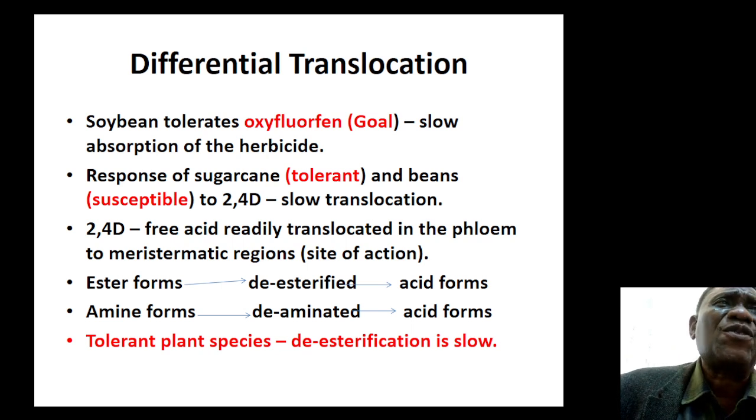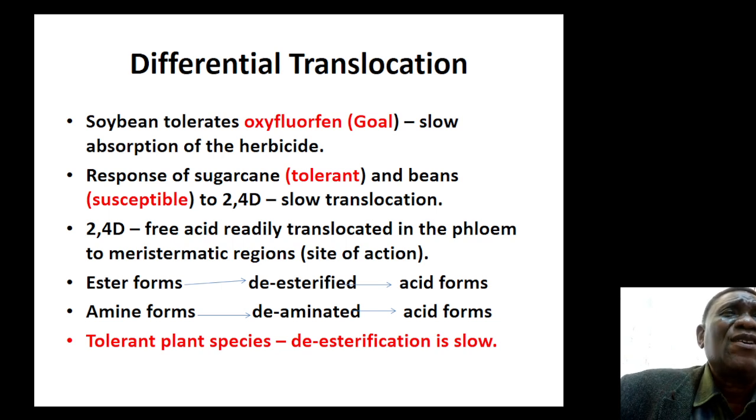It is the 2,4-D free acid which is translocated in the phloem to the site of action. So the speed of conversion from ester forms to acid forms is very critical. We call it de-esterification.